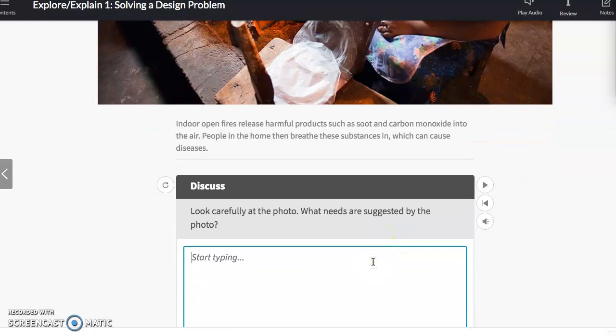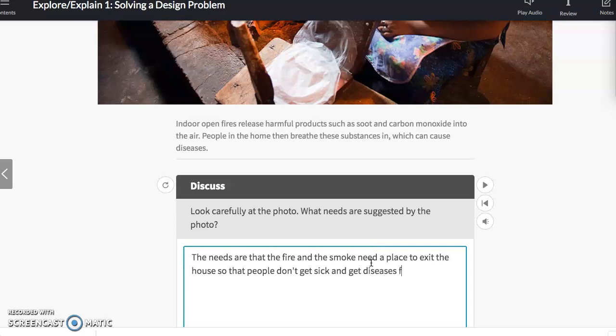What needs are suggested by the photo? So if you're talking about the photo and how there's open fire, the needs are that the fire and the smoke need a place to exit the house so that people don't get sick and get diseases from the products in the smoke.